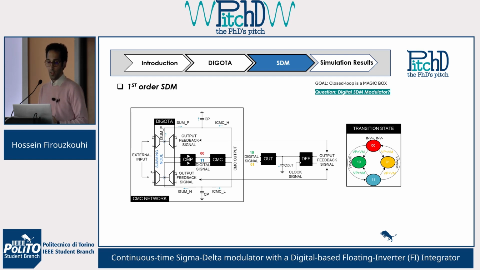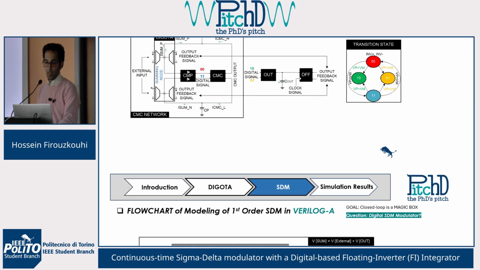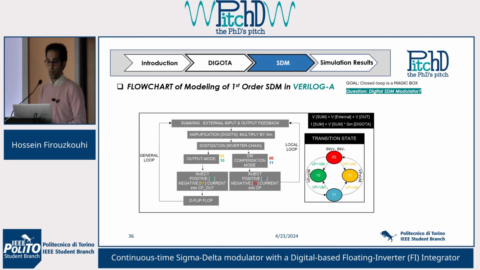So as you can see, by adding a D flip-flop, the circuit can work properly, and the DGOTA, CMP, CMC output is the same as we mentioned before, but we model the architecture in Verilog and use the hardware description language in mixed signal, and this is the flow chart that you can see.